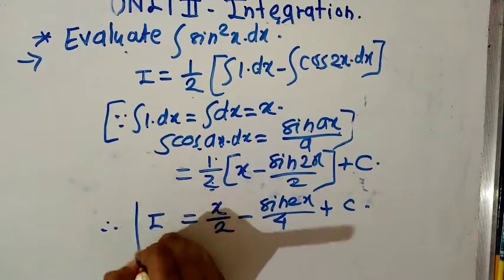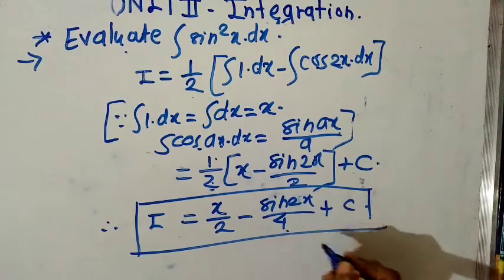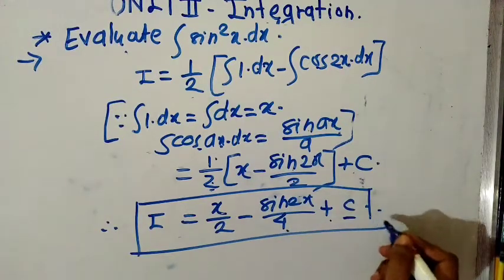Hence integration is x upon 2 minus sin 2x upon 4. C is the constant.